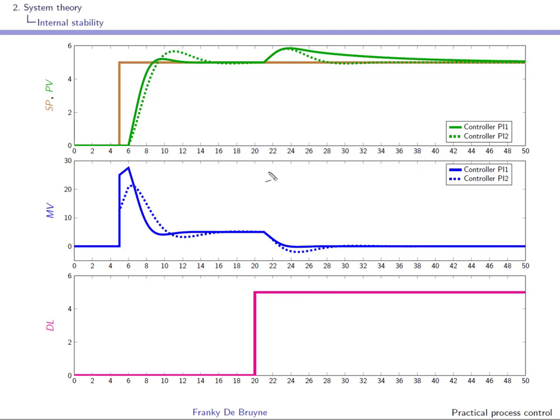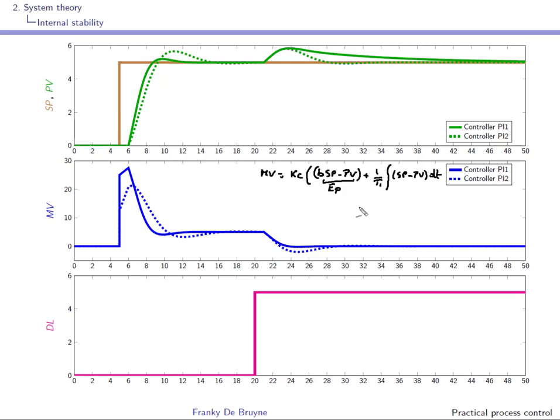Remember that this controller is as follows: MV is Kc times (B set point minus PV), right? This is what I've called the proportional error, plus 1 over Ti times the integral of (set point minus PV) dt, right?